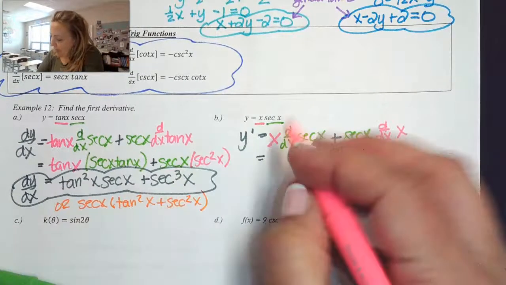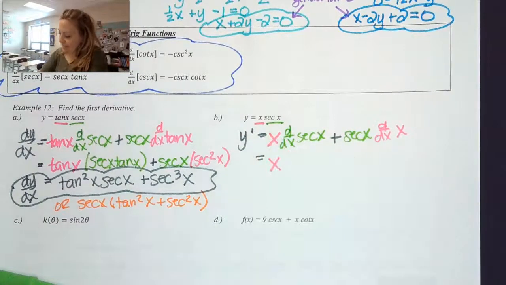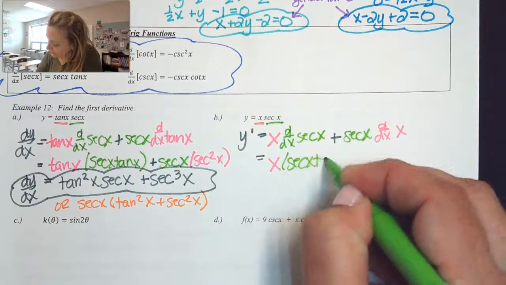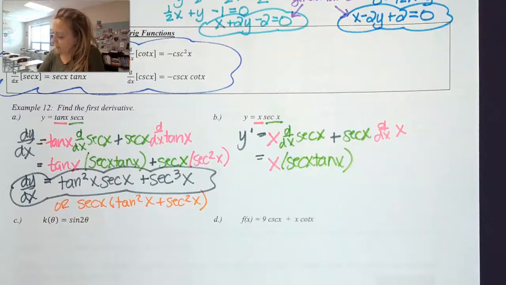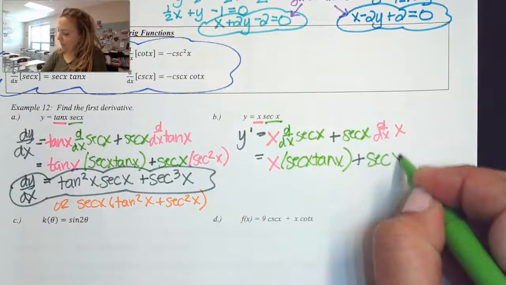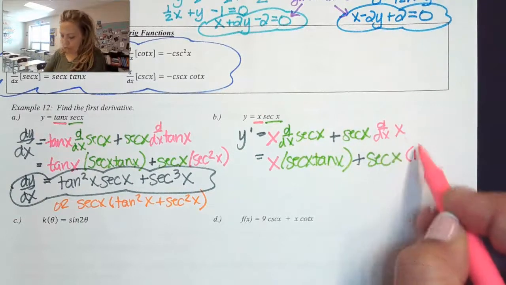So the derivative of secant x, again, we said is going to be secant x tangent x. And now I take the derivative of x, which is just 1.